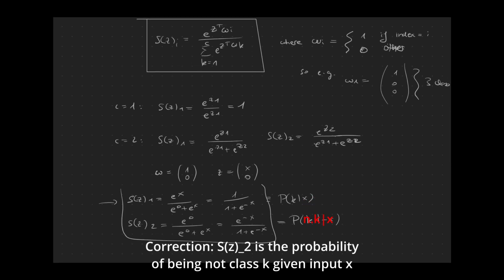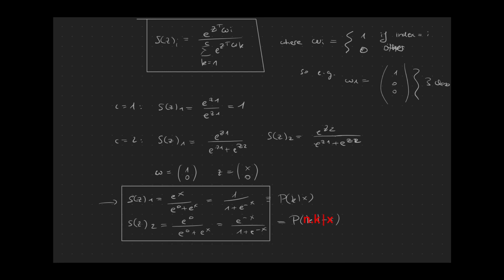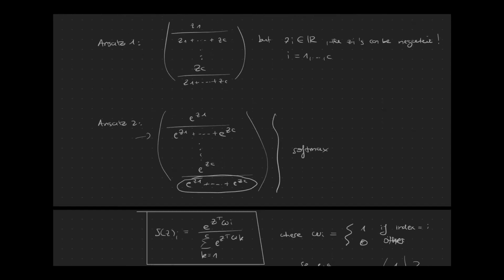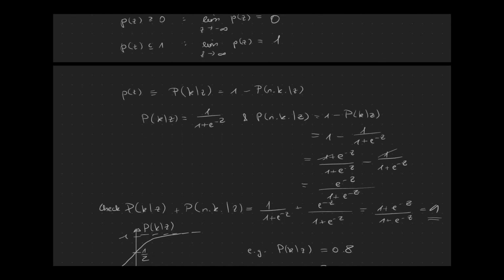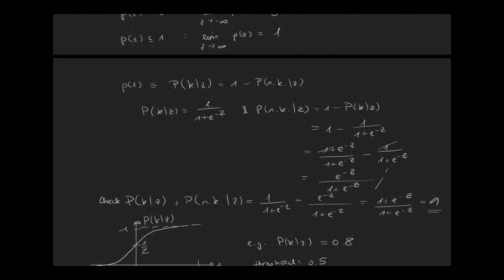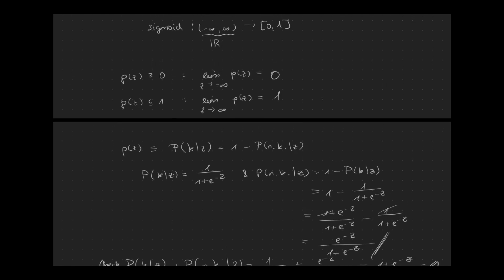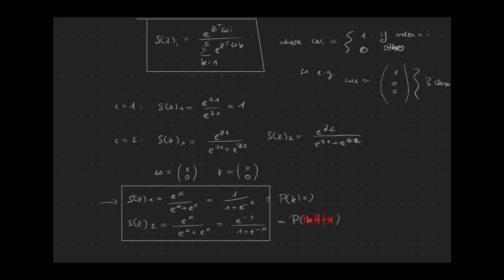If you compare these two equations which we got, 1 over 1 plus e to the power of minus x, and e to the power of minus x divided by 1 plus e to the power of minus x, this is exactly what we've calculated here, right? So here, this is e to the power of minus z divided by 1 plus e to the power of minus z. This is what we got for the second index, and for the first index we got the sigmoid. So the softmax is really consistent with the sigmoid function, and we can really derive the sigmoid function from the softmax function.